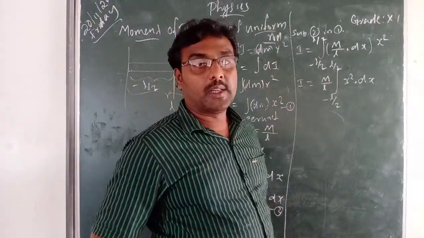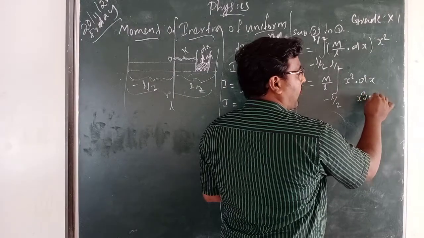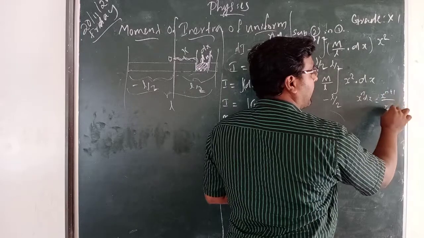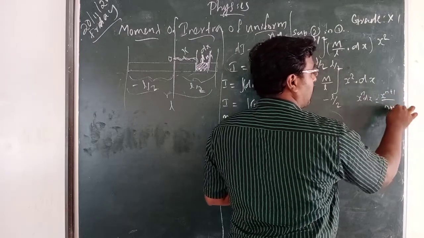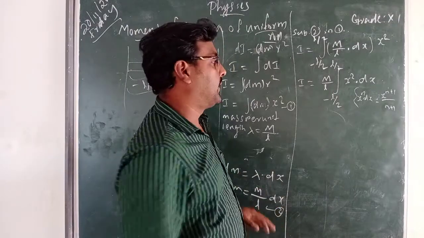Now integrate this. We know the format: the formula for x power n dx is x power n plus 1 divided by n plus 1. So x square dx gives x cube by 3.